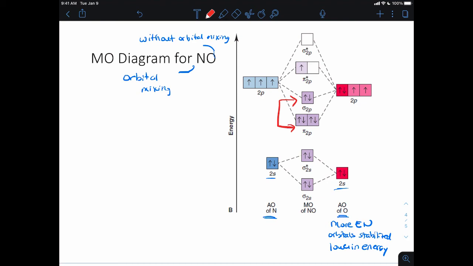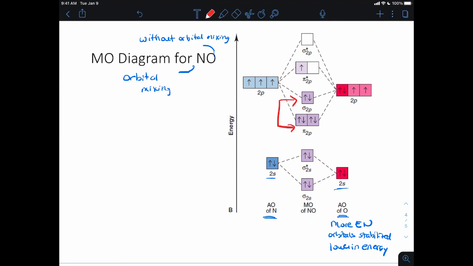So in the nitrogen-oxygen case, whether you pick mixing or not mixing, you're going to get the same answer. The bond order is going to be the same. Whether it's paramagnetic or diamagnetic is going to be the same, because these 6 orbitals right here in the middle would be all filled. It doesn't matter whether the order was reversed or not. So there we go from our nitrogen-oxygen perspective.